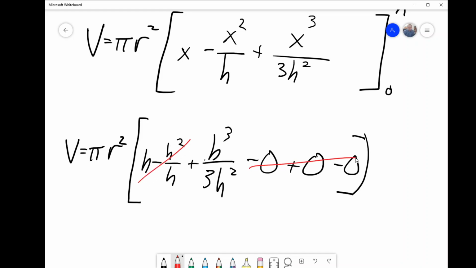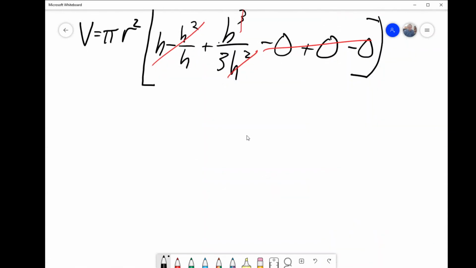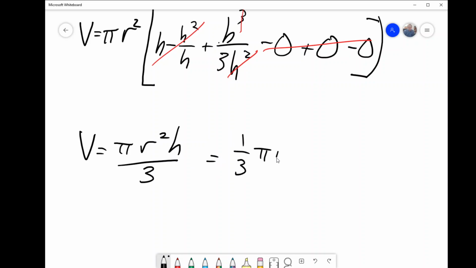These cancel. These are irrelevant. 2 of these h's cancel with 2 of those h's. And the whole thing suddenly and nicely simplifies to pi r squared h over 3, or 1/3 pi r squared h, as we are used to seeing as the equation for the volume of a cone.